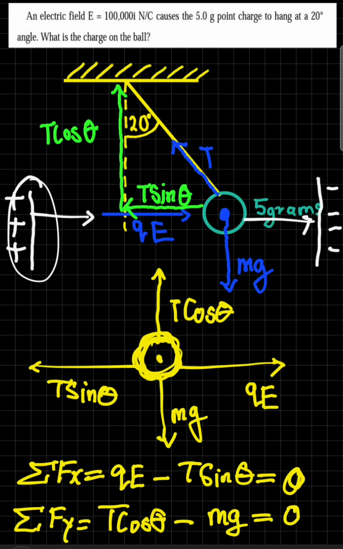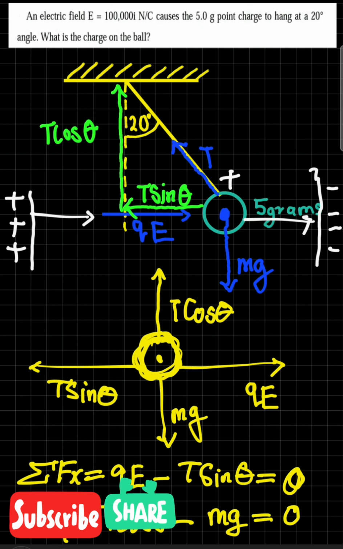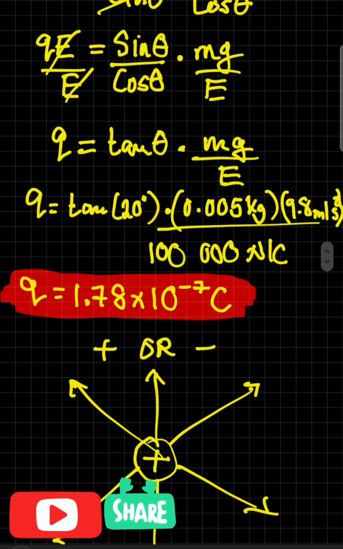But then it moved towards those negative charges. That means it had to be positive. Okay, that means from either side, the assumption still remains true. The ball had to be positively charged for it to be repelled by these positive charges on the left, and for it to be attracted by these negative charges on the right. So back to our answer, we say that the charge on the ball is positive.